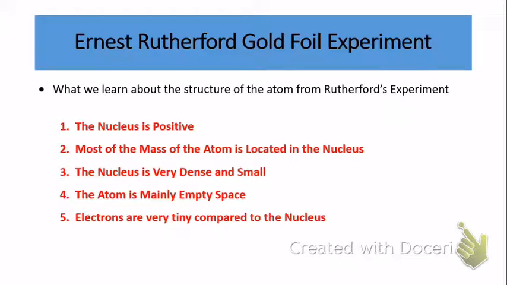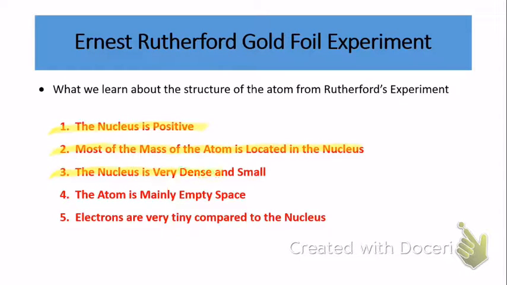So essentially, this is the results of the gold foil experiment, and this is what we learned from the atom. One is that the nucleus is now positive and located in the center of the atom, so you should probably write that in. Two, that most of the mass of the atom is located in the nucleus.